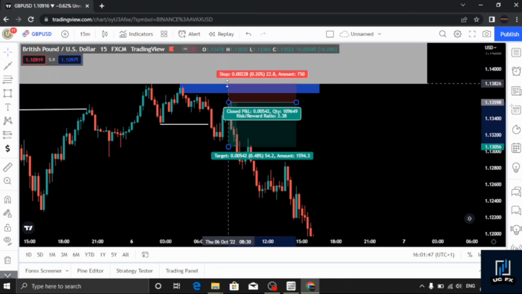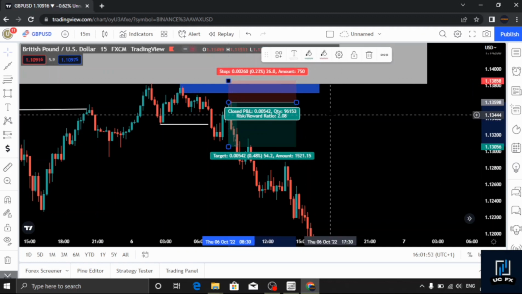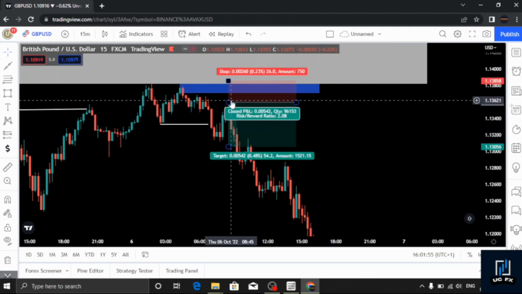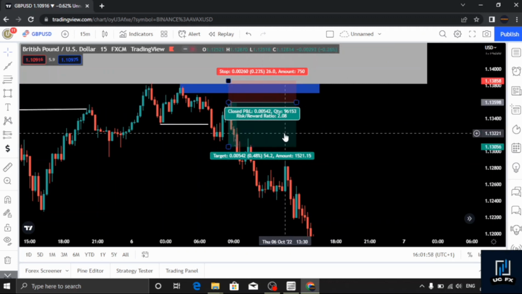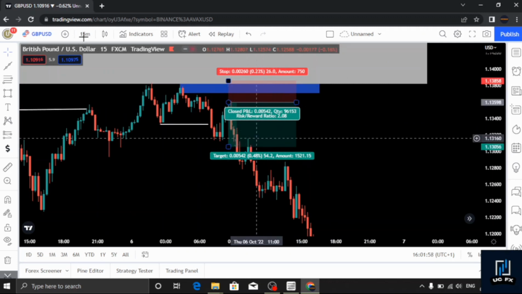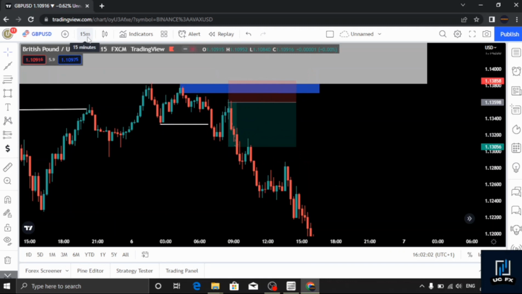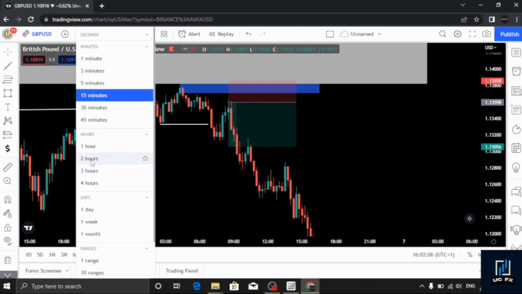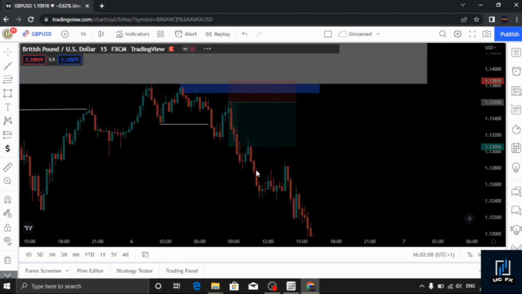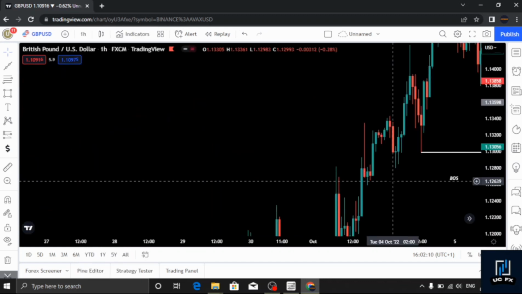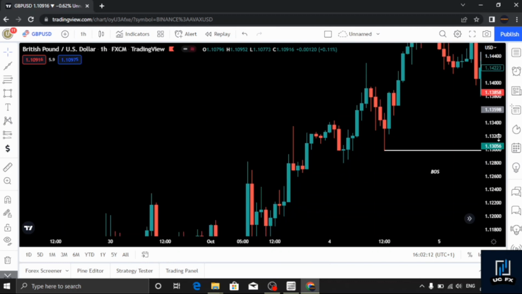If your stop loss is directly above it, you'll be having about 26 pips stop loss, and looking at the higher time frame, you'll be targeting the next lows. If you're targeting the next lows, it will be a massive risk to reward ratio.